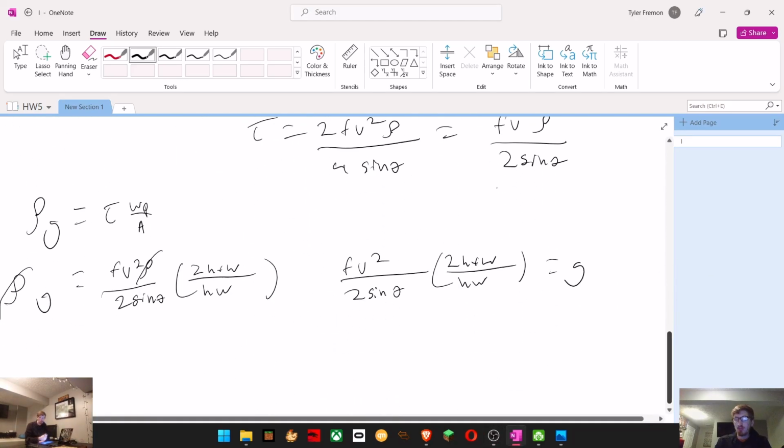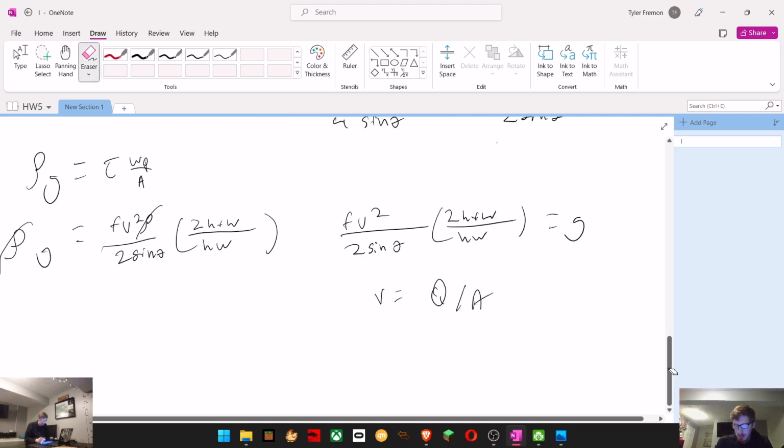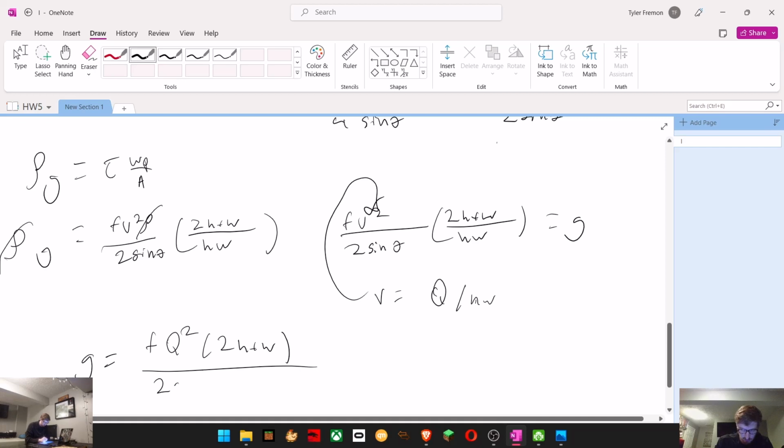We were actually given the volumetric flow rate Q in the video, and we know that velocity is just Q divided by our area, in this case hw. So we can plug that in for our velocity, and we'll be left with gravity g equals our Fanning friction factor times Q squared times (2h plus w) over 2 sine theta times hw cubed.